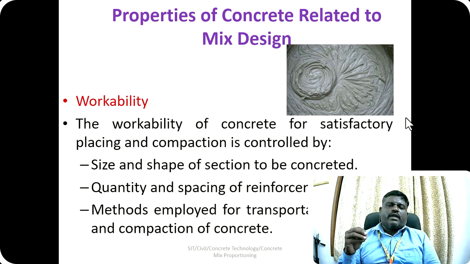So the required amount of water for the hydration purpose and to achieve little workability is enough. If we are using a section complex in nature, for that we have to produce a highly workable concrete. At the same time, it should also have the required strength.